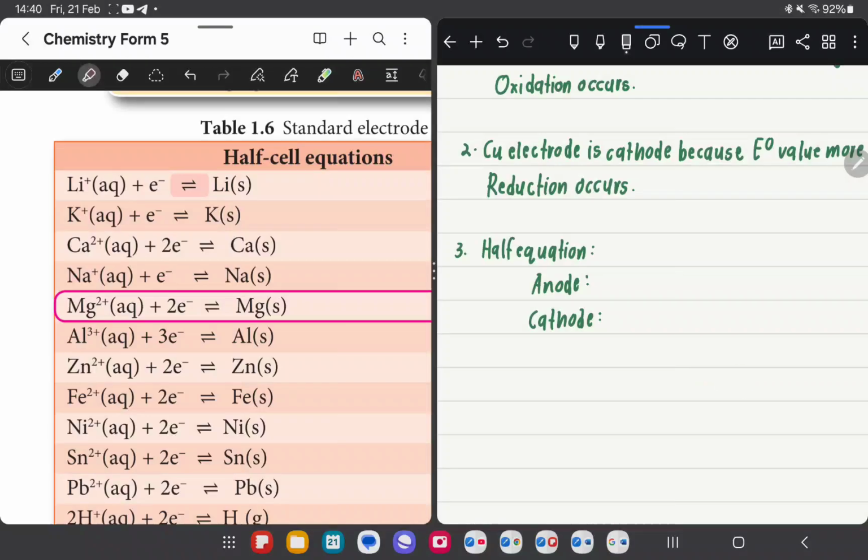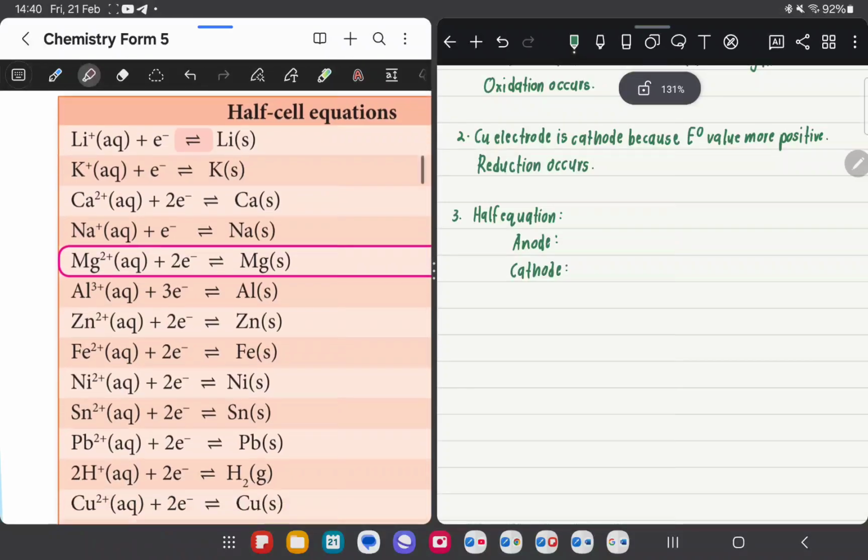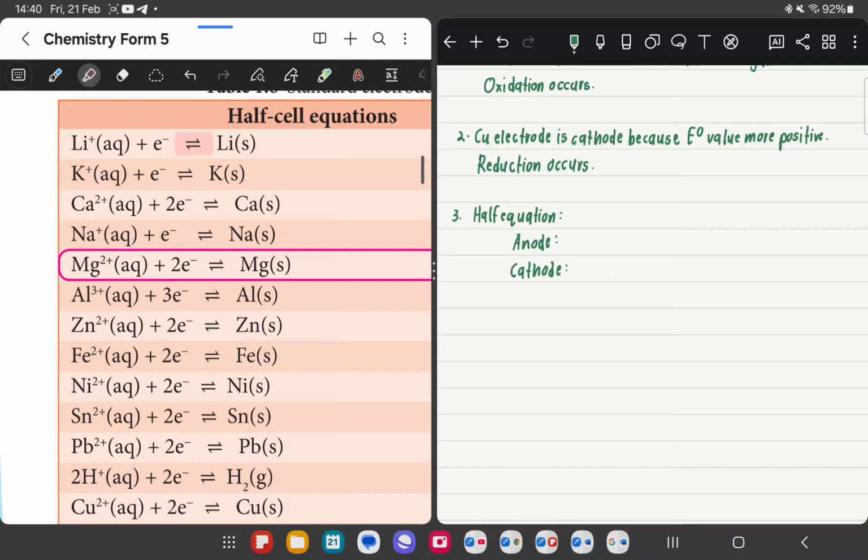Okay, so anode first. Our anode is zinc, right? Try to look for zinc. This is zinc oxidation, so it should be Zn produces Zn2+ and also 2 electrons.